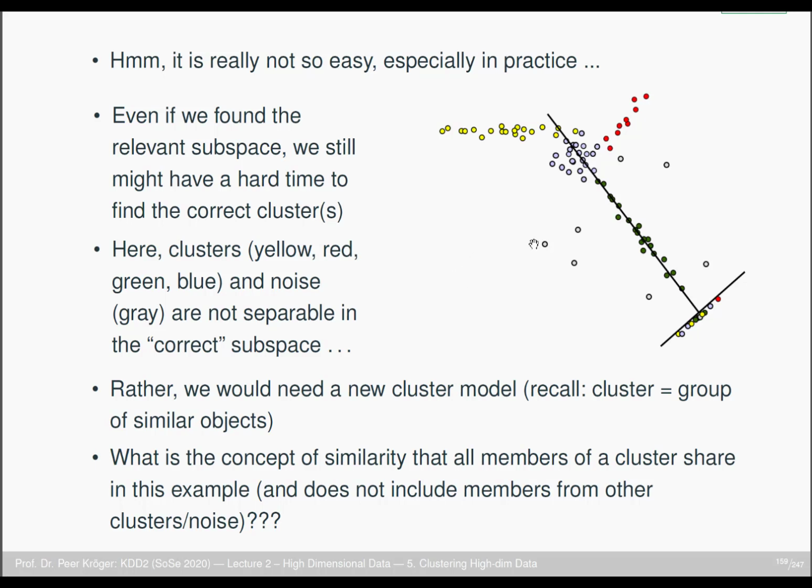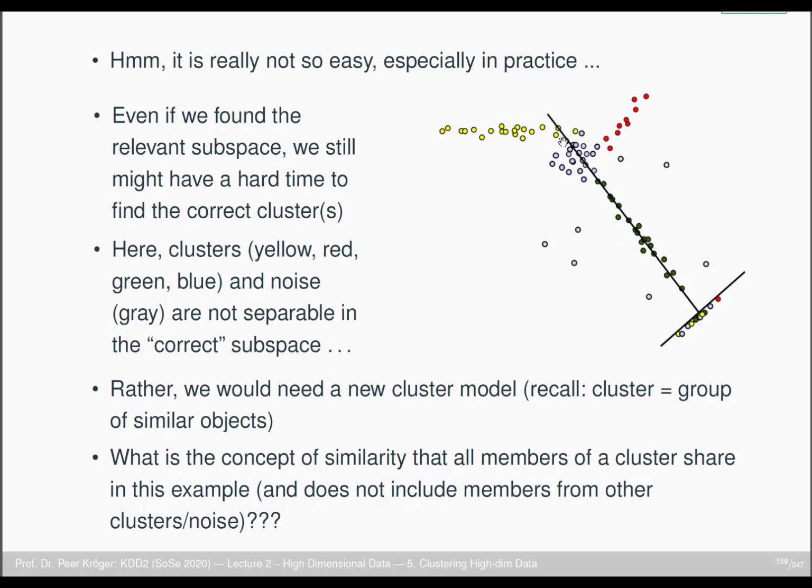So this is just a slide with some philosophical notes, actually. Even if we found the relevant subspace, we still might have a hard time to find the correct clusters. Take this one here. This is the correct subspace to identify the green cluster.